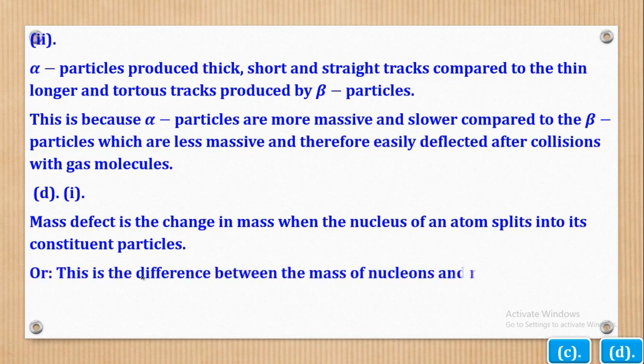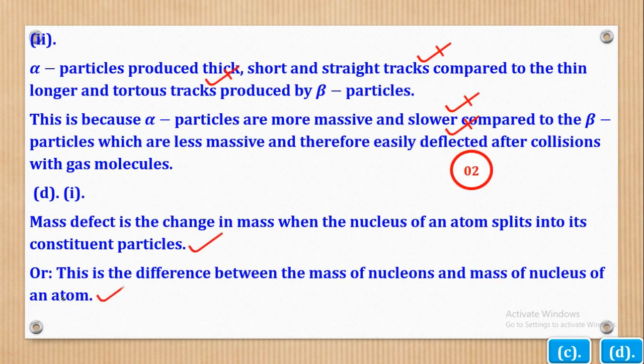Alternatively, you can say that this is the difference between the mass of nucleons and mass of nucleus of an atom. So that is how marks would be awarded. Now we shall go to part D, Roman 2.